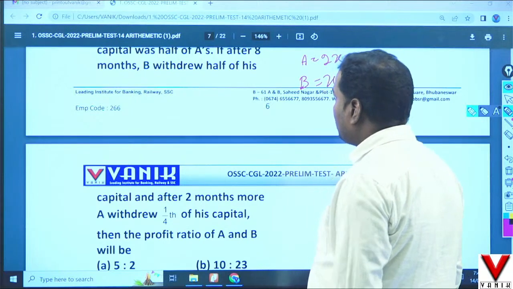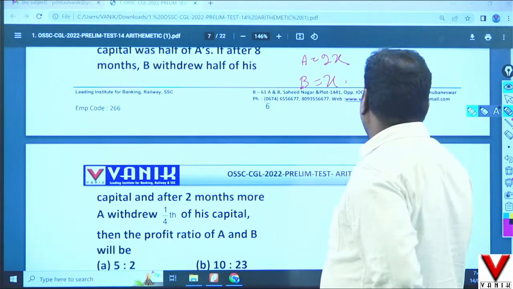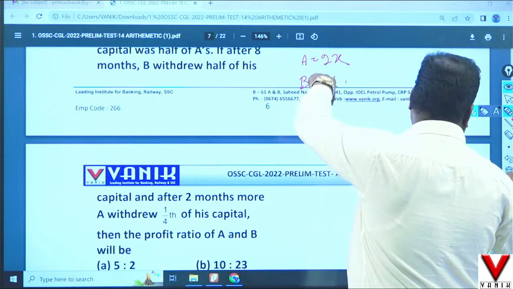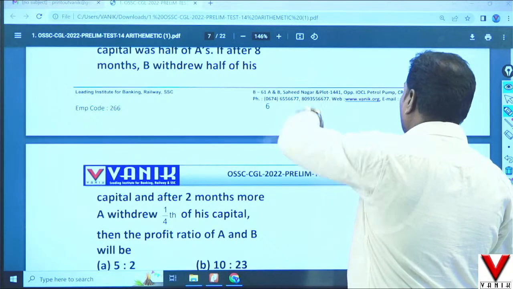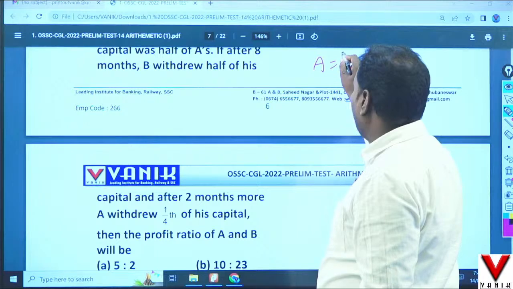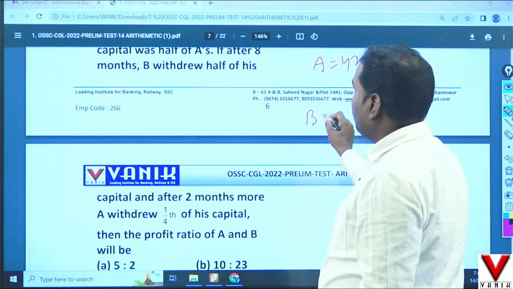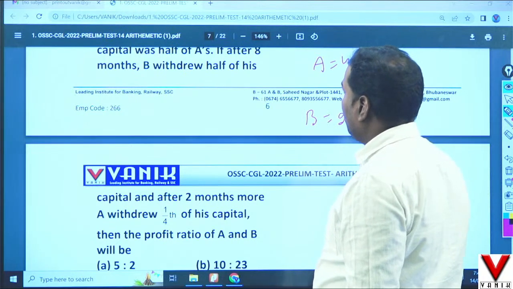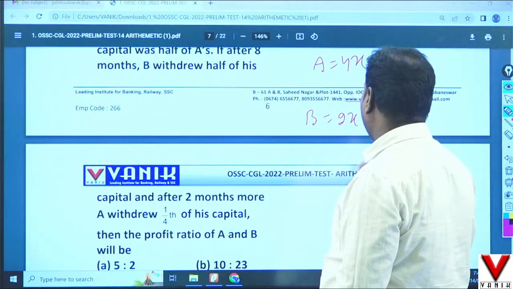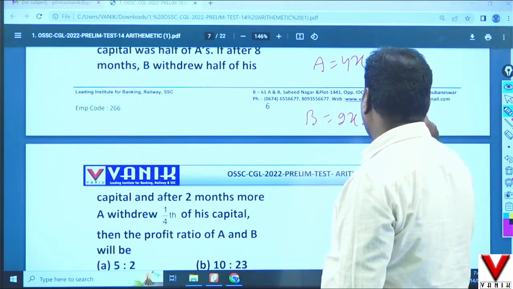If after 8 months B withdraws half of his capital, suppose I take this number as 4x and it will be 2x, so it will be easy. Suppose A is equal to 4x, then B is equal to 2x. After 8 months B withdraws half of his capital: 2x into 8 plus x into 4.